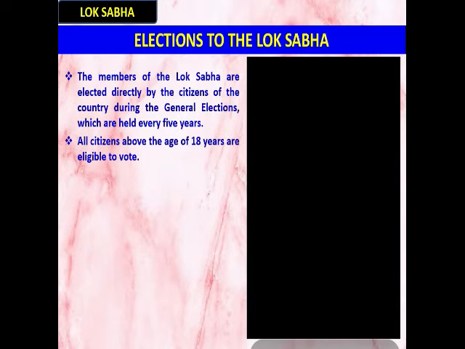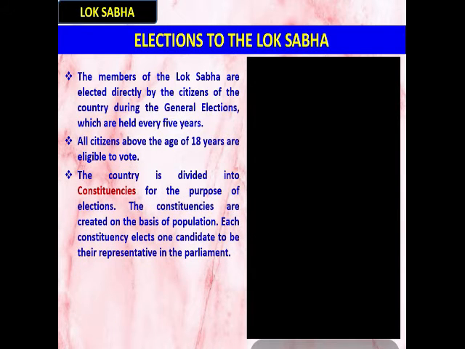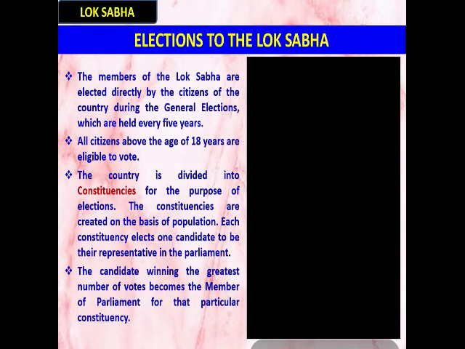All citizens above the age of 18 years are eligible to vote, and the country is divided into constituencies for the purpose of the elections. The constituencies are created on the basis of population. Each constituency elects one candidate to be their representative in the parliament. The candidate winning the greatest number of votes becomes the member of parliament for that particular constituency.